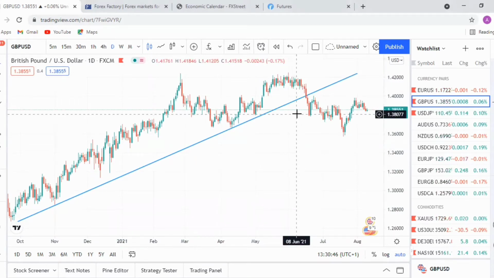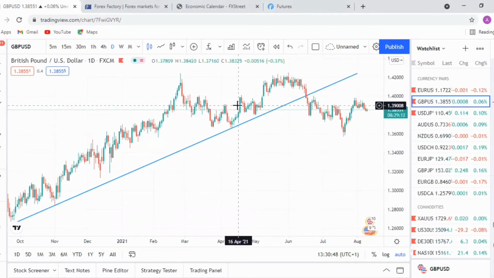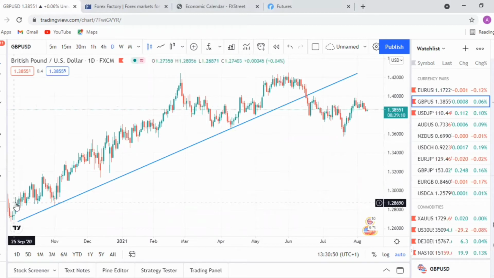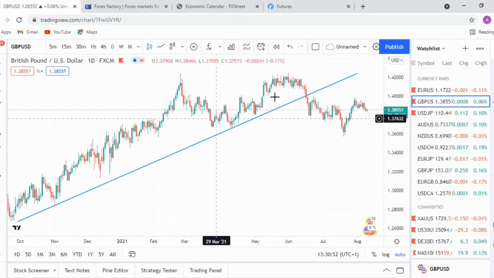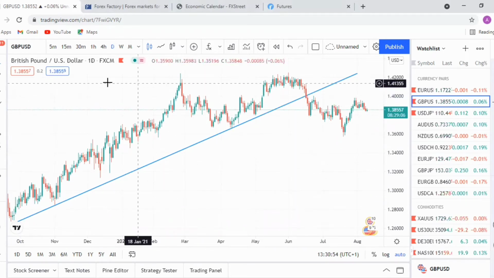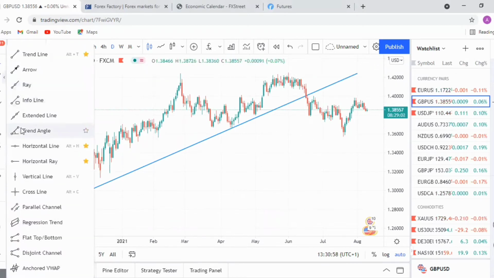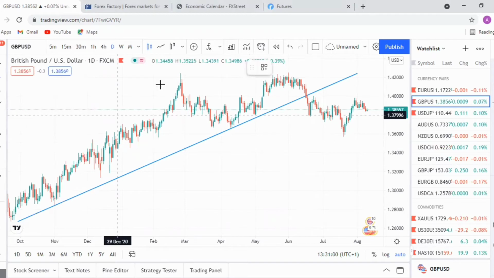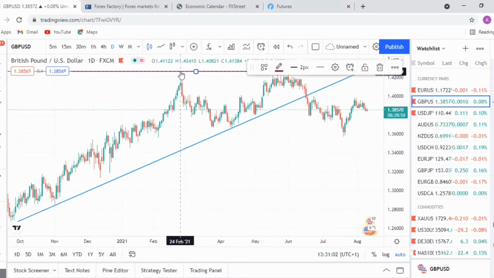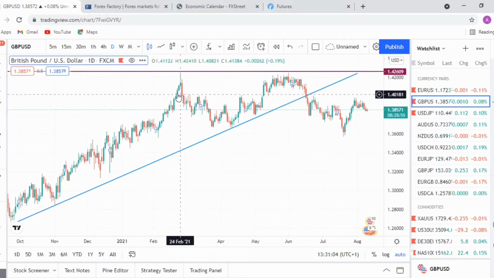This is from the daily perspective. The market was on an uptrend for a few weeks, and then the market came down to this high, and then couldn't break through.